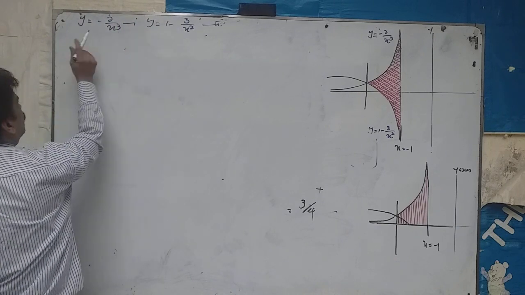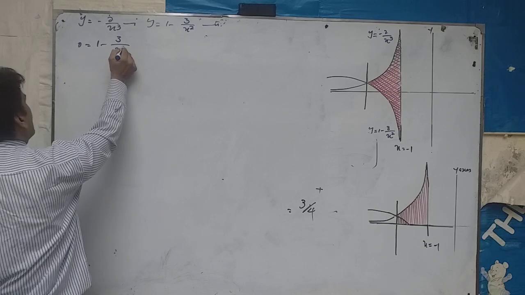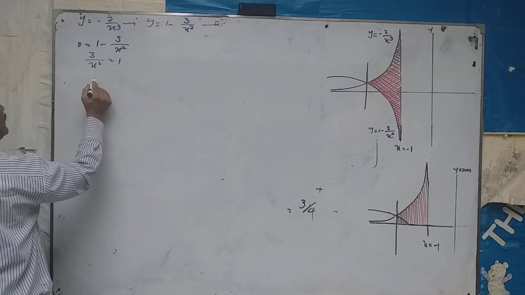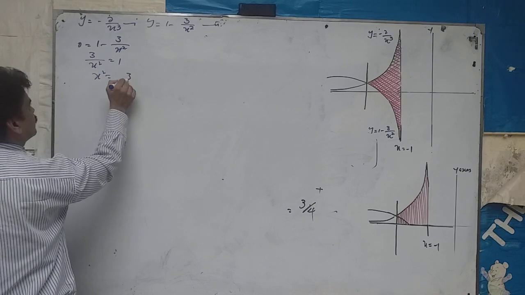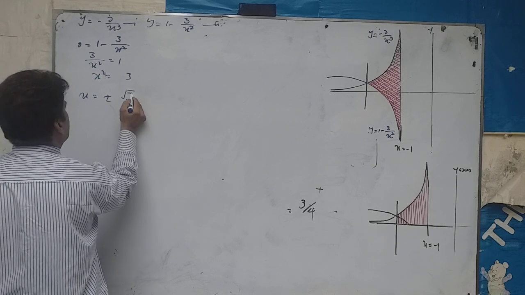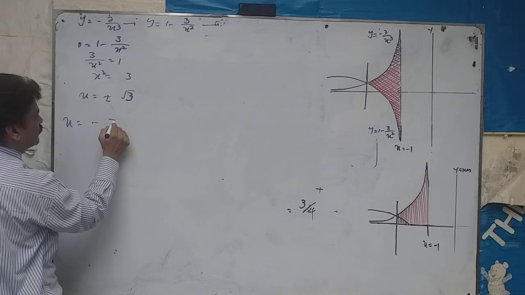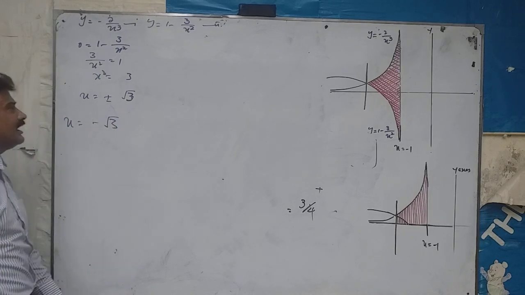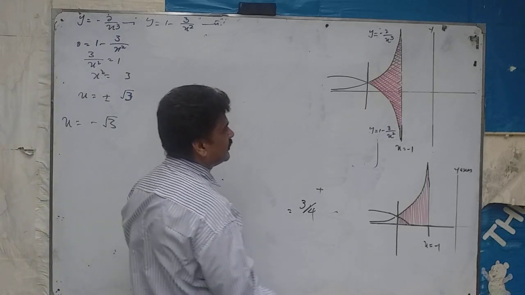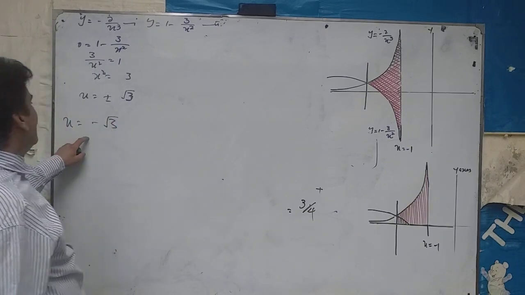Y equals 0, we get 0 equals 1 minus 3 by x squared, we get 3 by x squared equals 1, x squared equals 3, and we get x equals plus or minus root 3. We again take the negative value of x, so x equals minus root 3, and discard x equals plus root 3, because this point also lies on the left of the y-axis. So we take x equals minus root 3.